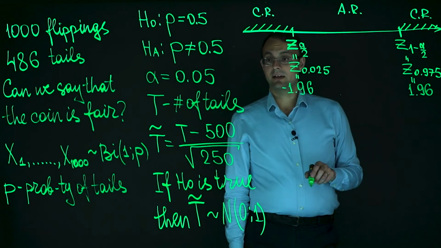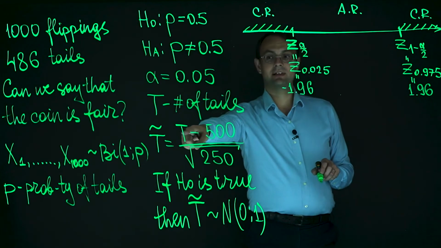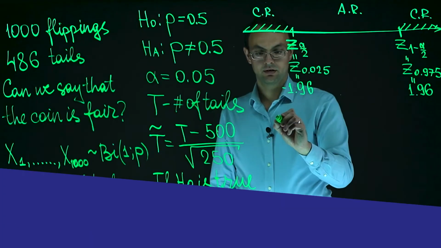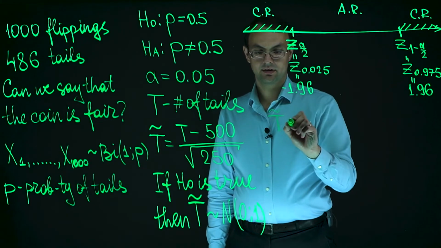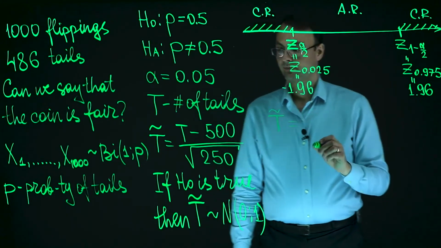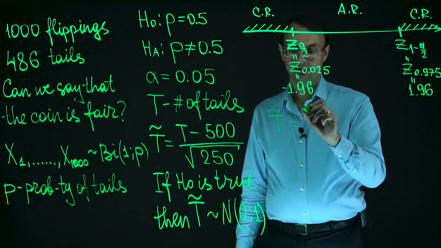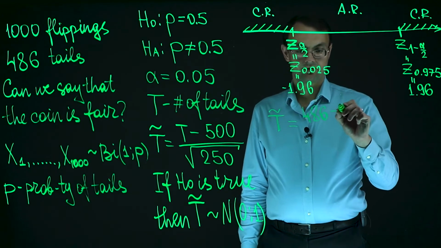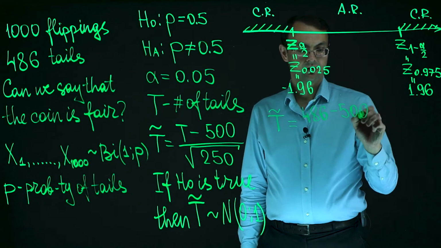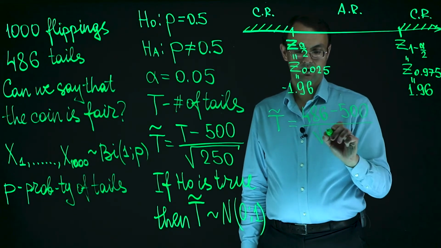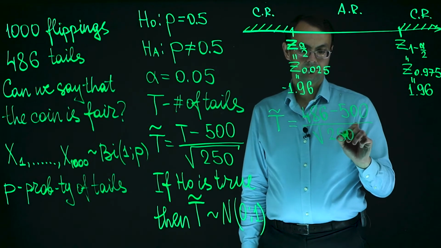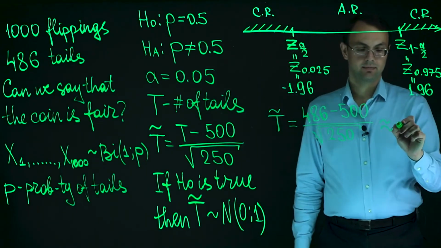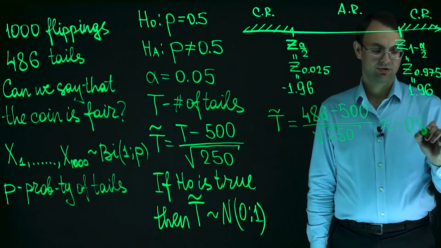Now let's calculate the numerical value of t tilde. T tilde is t, that is 486 minus 500 divided by the square root of 250, and this is approximately minus 0.89.